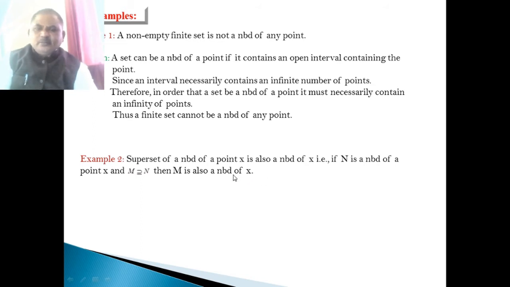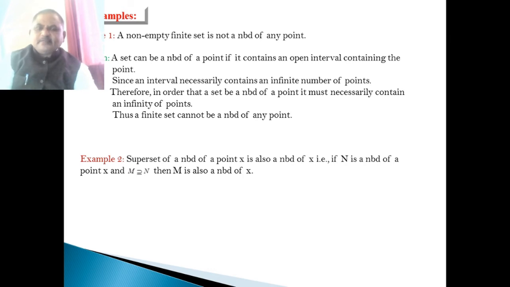Because for every point of this N set there exists an interval which contains each point and is contained in N, and N is a subset of or equal to M. Suppose x is arbitrary, x belongs to interval Ix, which is a subset of or equal to N, but N is a subset of or equal to M, means x belongs to Ix which is a subset of or equal to M, means M is a neighborhood of x.